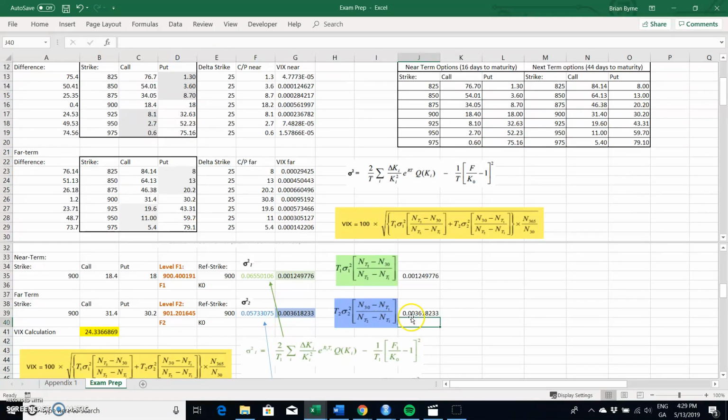Okay, and we get 0.00368182, which is the same as this value here.